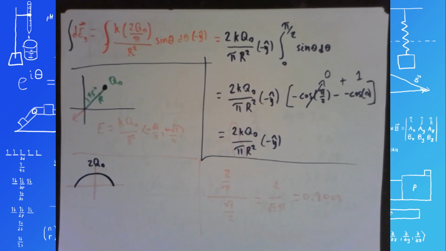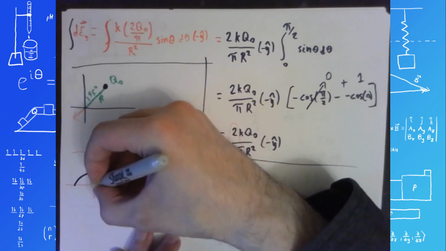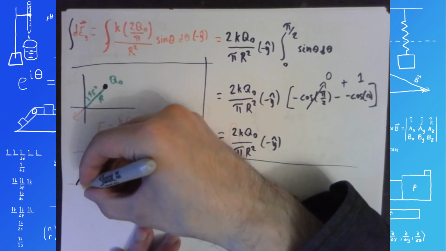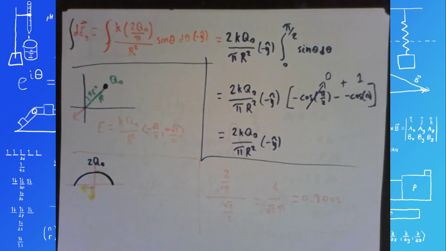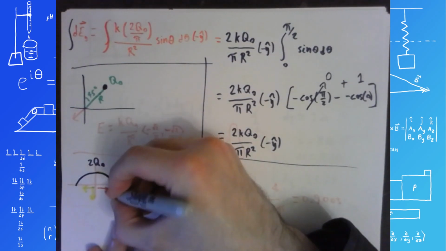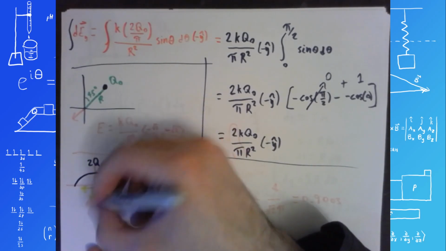Well, we already know, because we can just treat this as 2 arcs. Arc 1, which we already did before, is going to have an electric field component pointing to the left and an electric field component pointing down. And the other arc is going to have an electric field pointing to the right and another one pointing down. Left and right are going to be equal and opposite. They're going to cancel out.